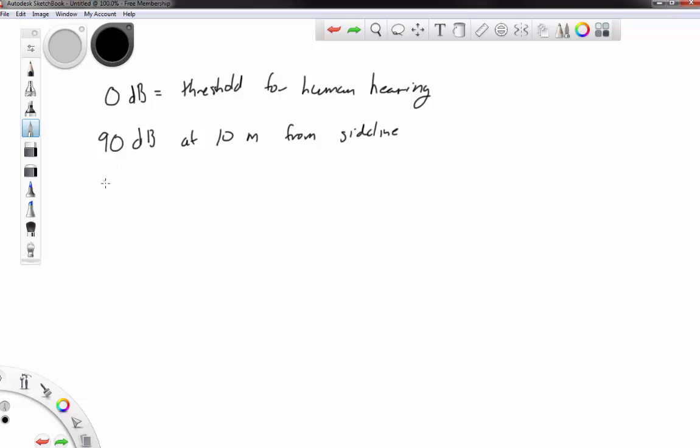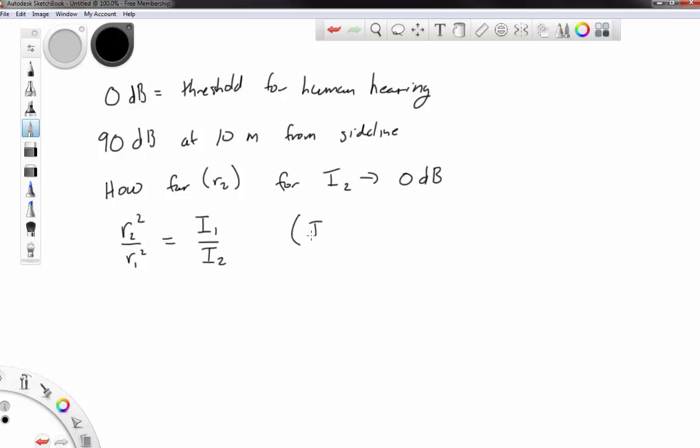Basically, we want to know how far away you have to be, and that would be R2, for I2 to go to 0 decibels. So R2 squared over R1 squared is going to be I1 over I2. This is just rearranging from I1 R1 squared equals I2 R2 squared.